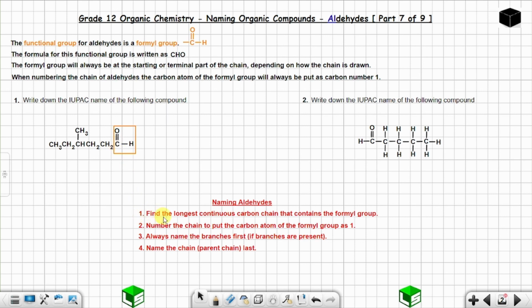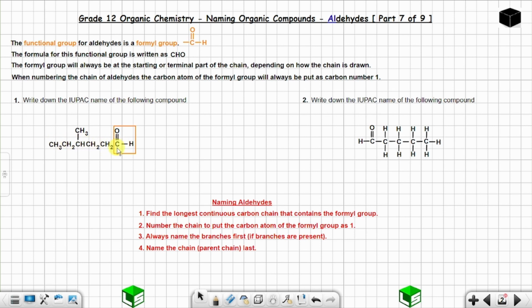Find the longest continuous carbon chain that contains the formyl group. The formyl group is this. You have to start from this carbon atom. 1, 2, 3, 4, 5, 1, 2, 3, 4, 5, 6. The longest continuous carbon chain that contains the formyl group is made up of 6 carbon atoms.